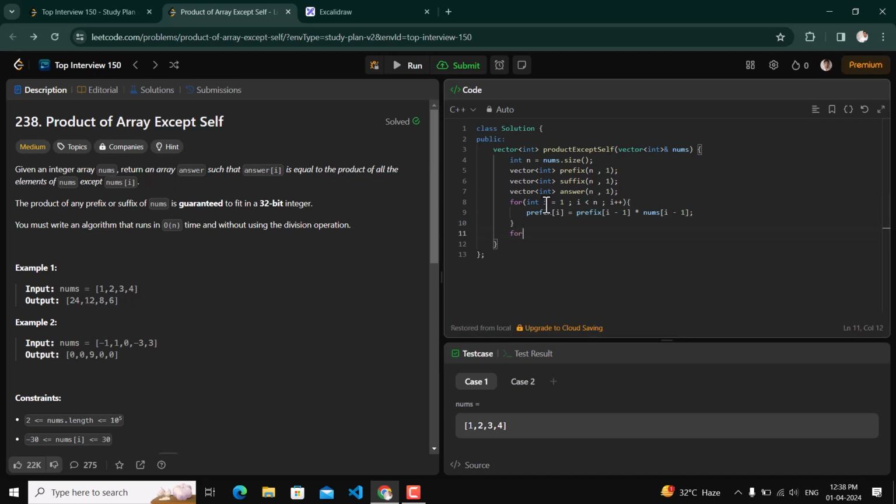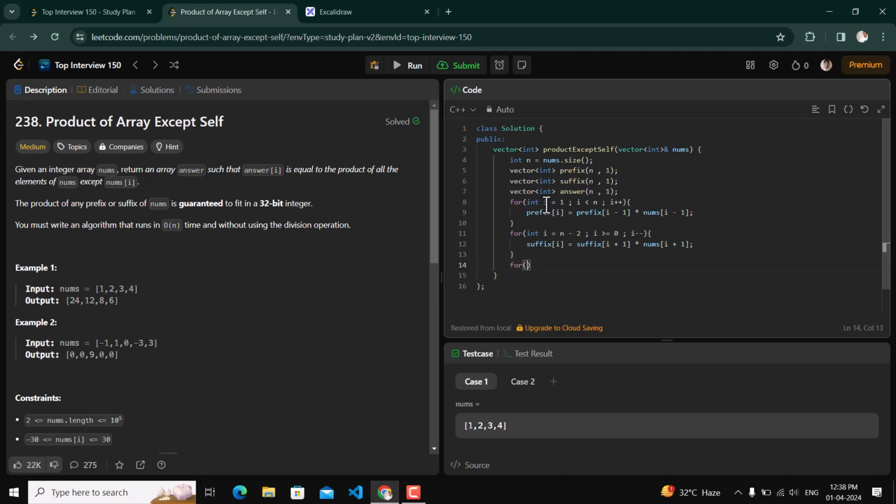In the same way, for calculating the suffix, we will start from I equals n minus 2, not n minus 1, and continue while I is greater than or equal to 0, decrementing I. We calculate suffix of I equals suffix of I plus 1 multiplied by nums of I plus 1, as we are iterating backward now. Now we have our prefix and suffix in place.